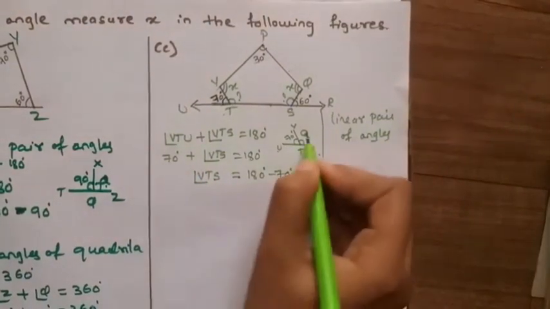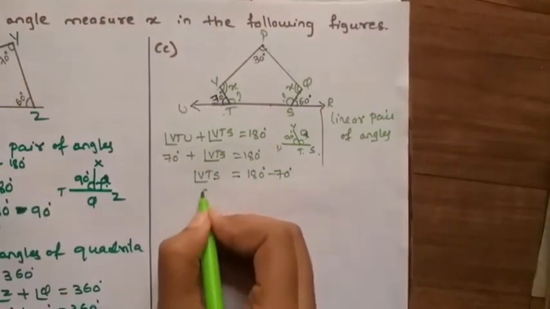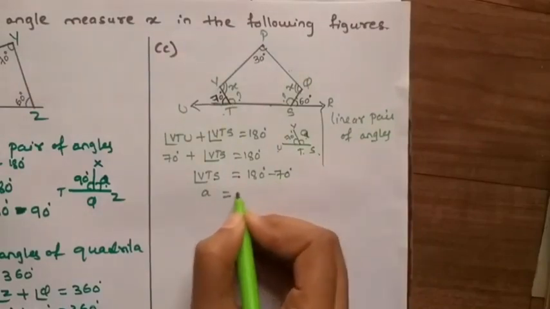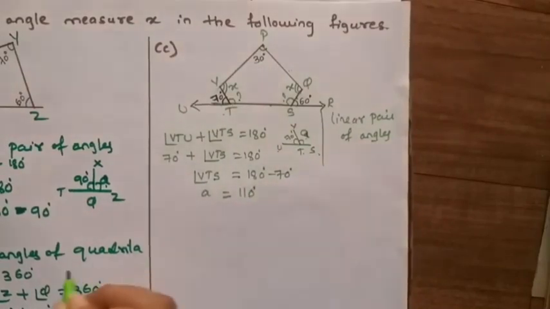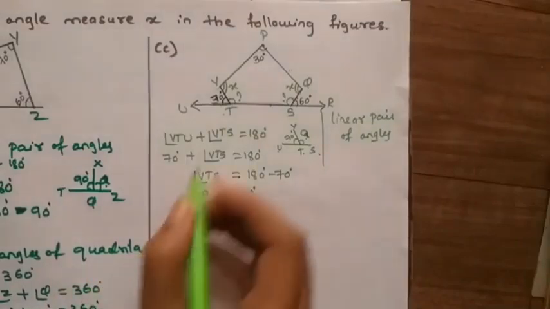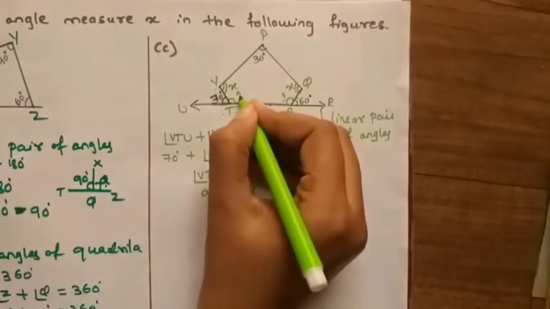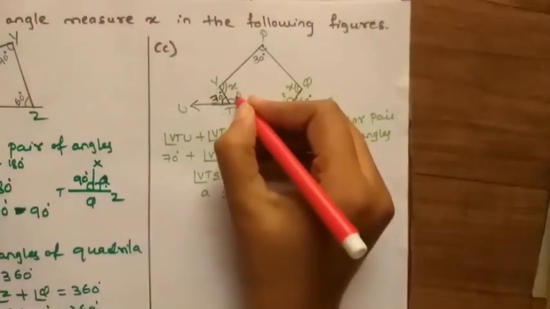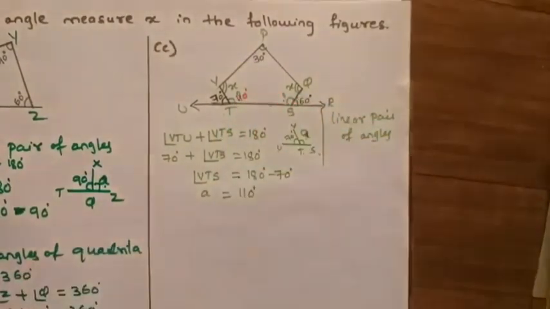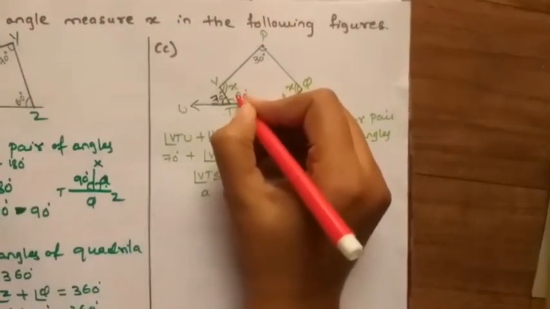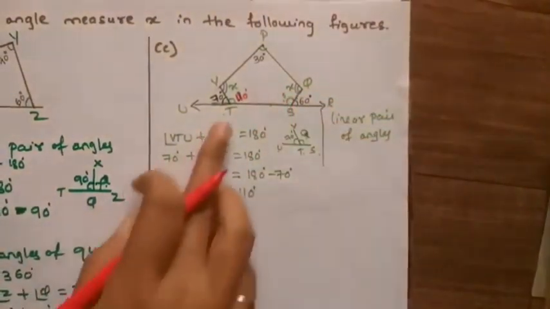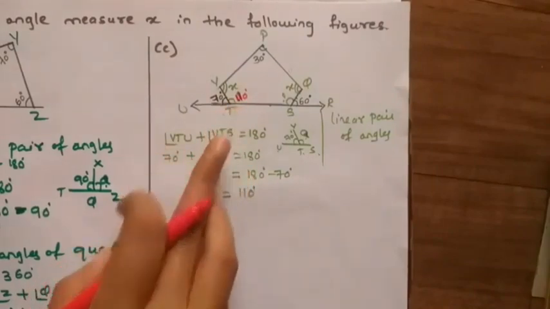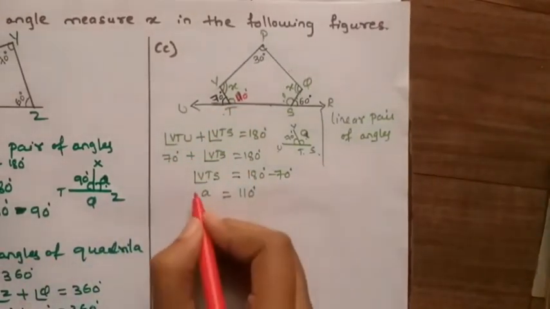Here VTS I am giving a name as A. So, take a variable A is equal to 180 minus 70 degrees, how much here? 110 degree. So, this side we get 110 degree. The interior angle T value is 110 degree.